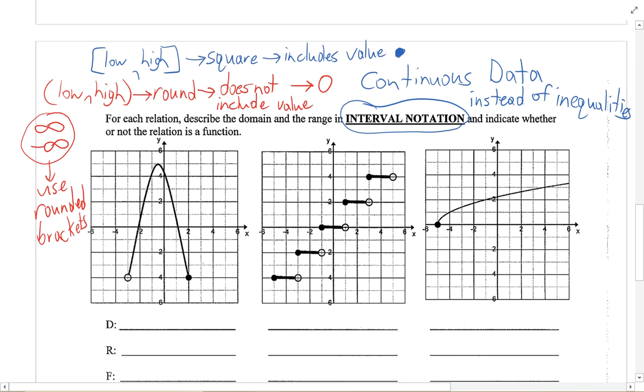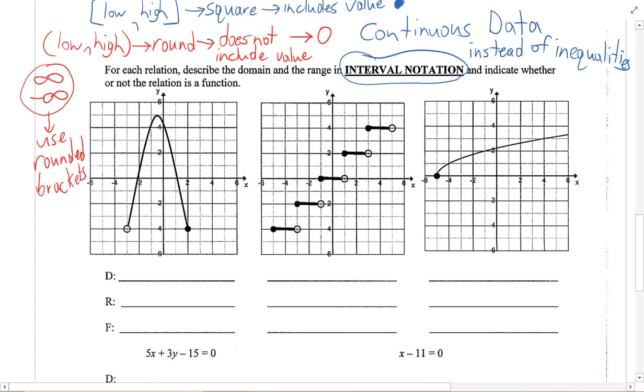So let's go on here. Domain, range, and is it a function? So the domain, if I move this up to my x and move this down to my x and move that up to my x, I'll have an open circle, a whole bunch of shading, and then a closed circle here. So again, you go low, comma, high.